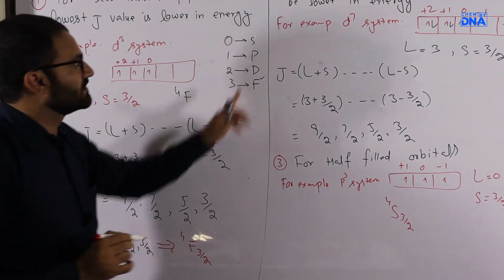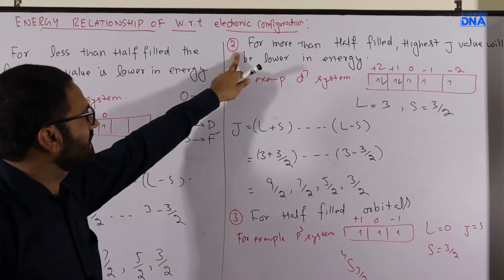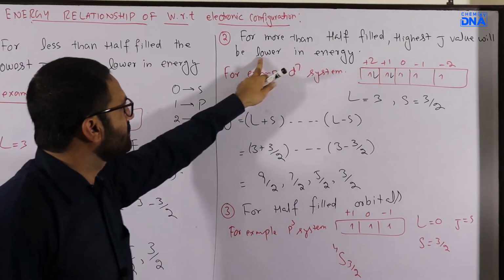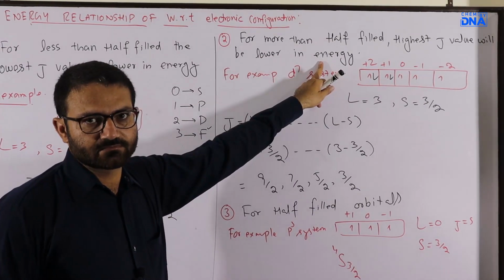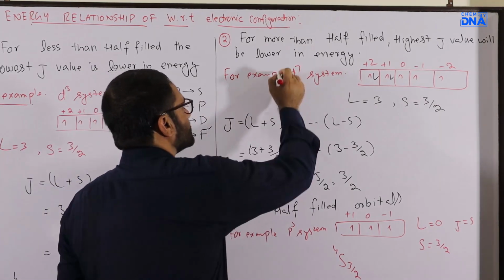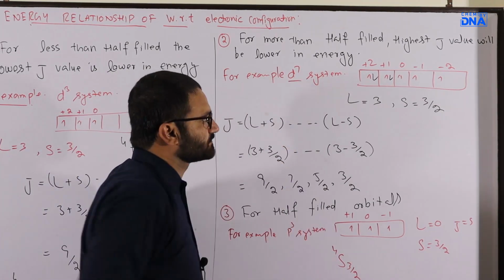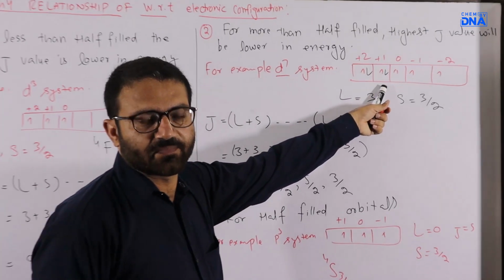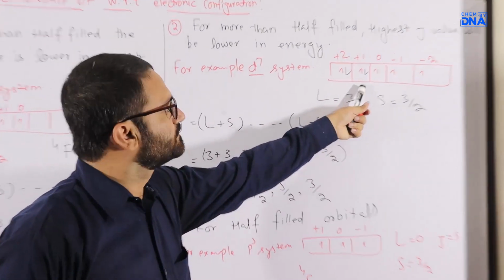This is not the case with the second rule, which is for more than half filled: the highest J value will be lower in energy. Let me take an example, which is the D7 system. This is a configuration pattern, as is apparent that it is more than half filled.